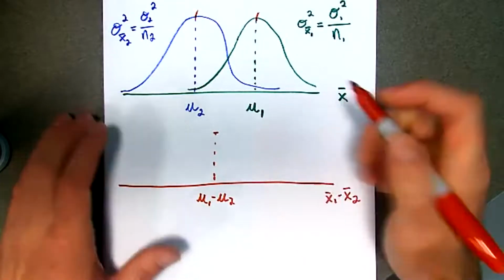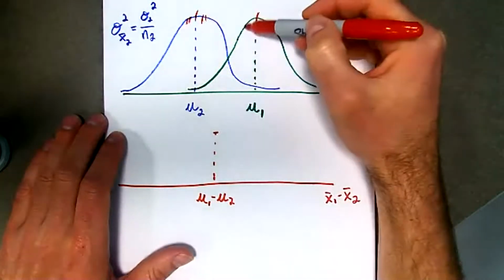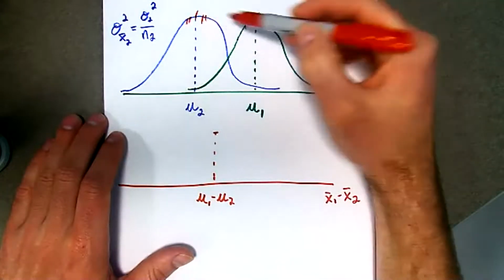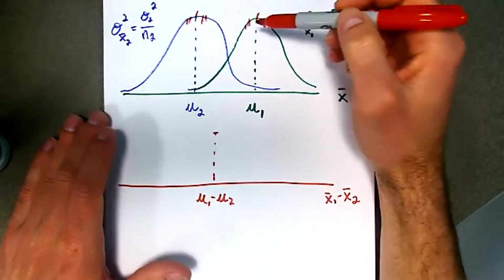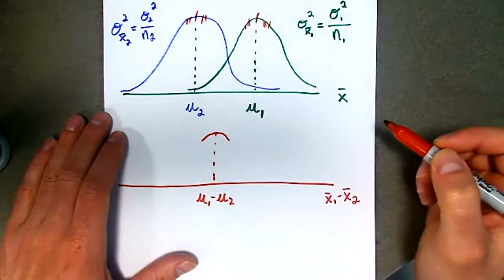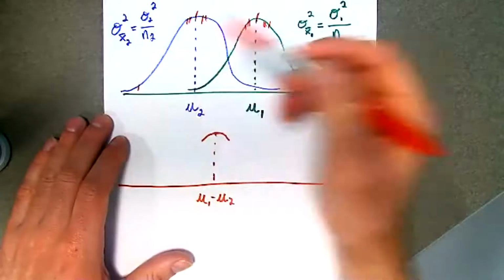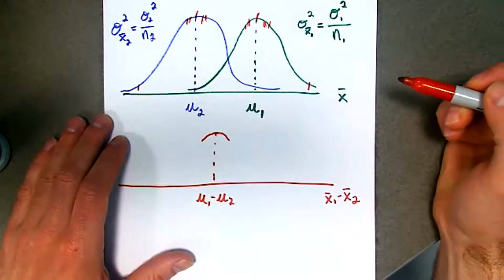Now, what are the next most likely outcomes I could see? Well, here and here, and then here and here. So this difference and this difference and this difference, these are going to be the next most likely differences I see, but they're a little bit less likely. And as I start to think about, well, it's very unlikely I see a sample mean way out here and a sample mean way out here.